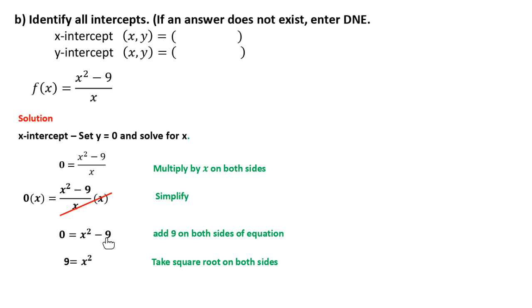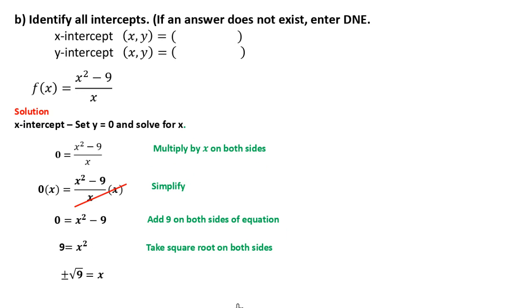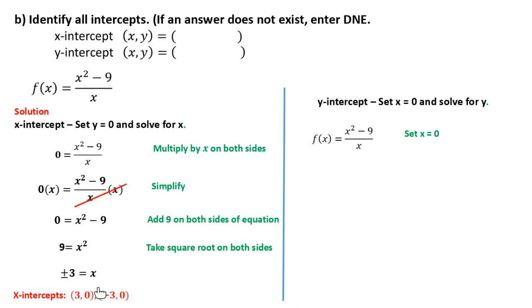I'm sorry, I can add 9 on both sides. Or you can factor it as x minus 3 times x plus 3 and then set each one equal to 0. Either way would work. And then I'm going to take the square root on both sides. So the square root of 9 is plus or minus 3. So I have two x-intercepts, (3, 0) and (-3, 0).